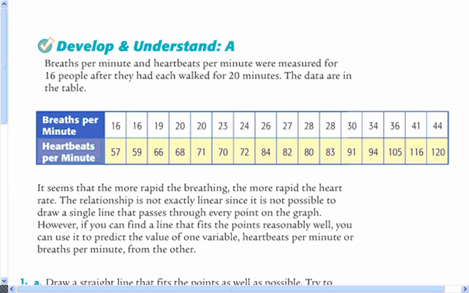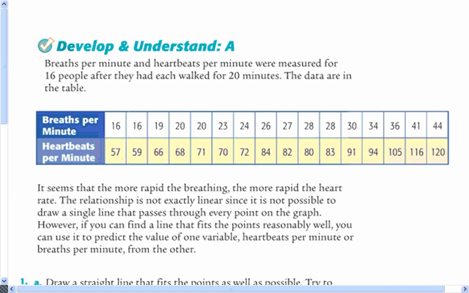So here's our situation. Breaths per minute and heartbeats per minute were measured for 16 people after they had walked for 20 minutes. The data are in this table. Now, as you know, the more breaths you are taking per minute, that means the more tired you are, or the more your heart is pumping blood. There's a relationship between the two.